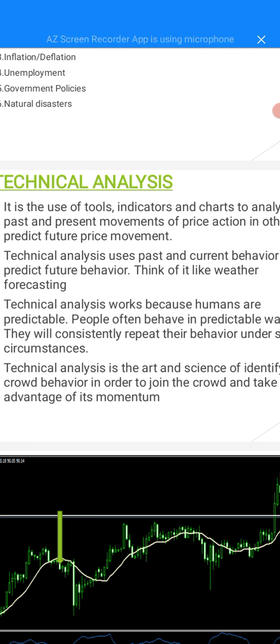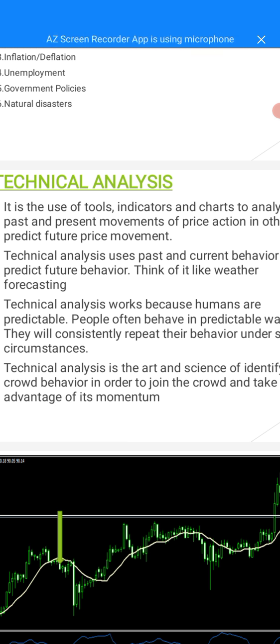So with the aid of technical tools, you are able to determine that the majority of the people in the market are buyers, and you also follow the trend.